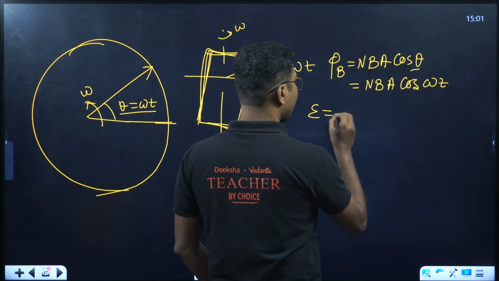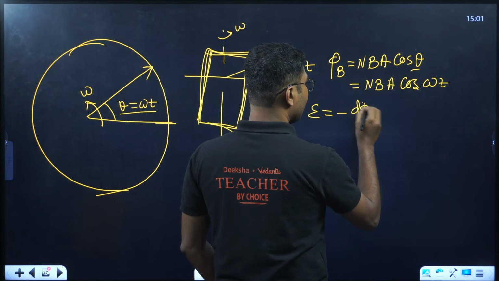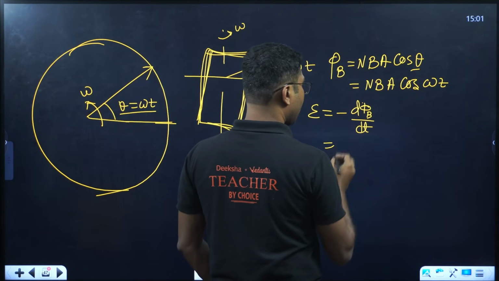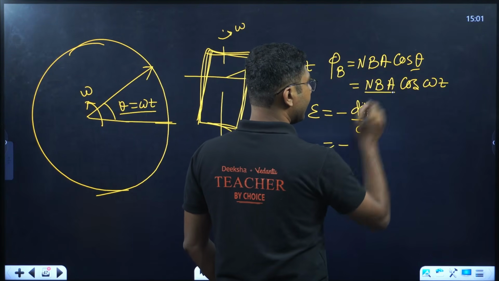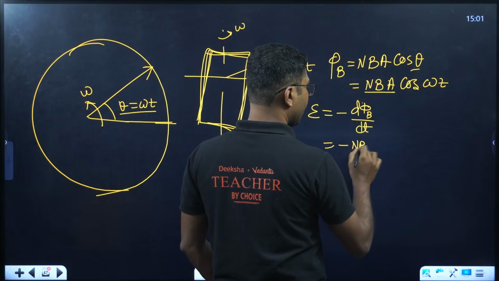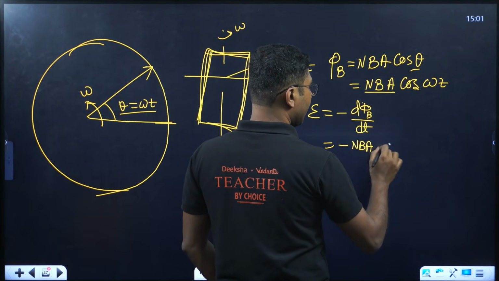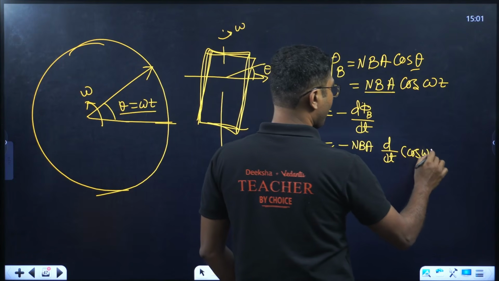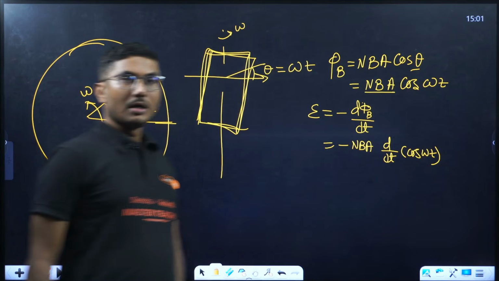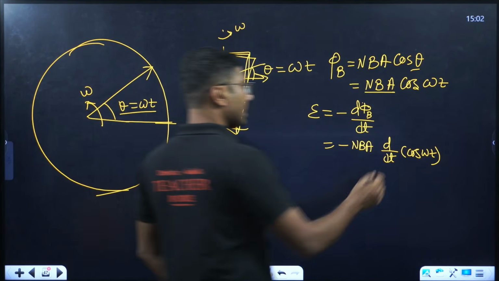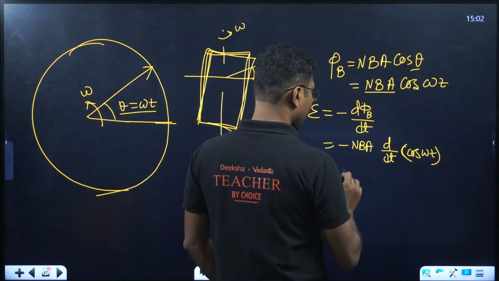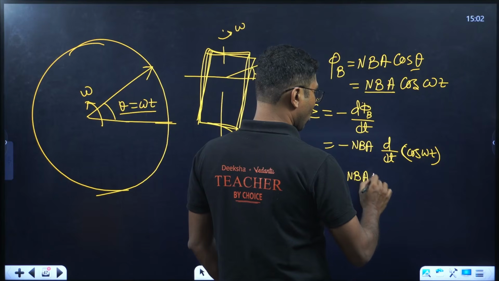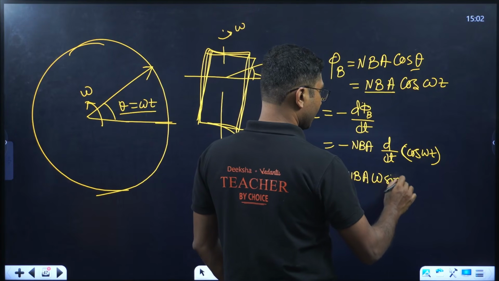So what is the induced EMF? Induced EMF is minus d phi B by dt. NBA is constant, so NBA will be outside, and we take d/dt of cos omega t. The differentiation of cos theta is minus sin theta, so minus minus becomes plus, giving NBA omega sin omega t.